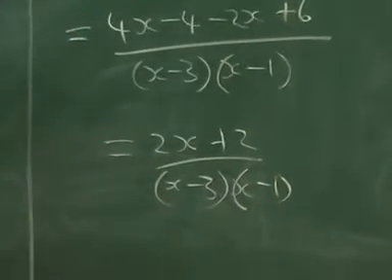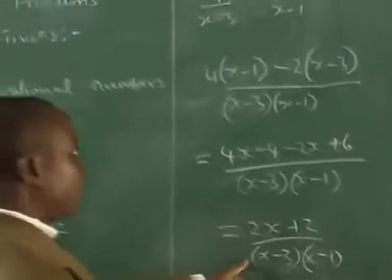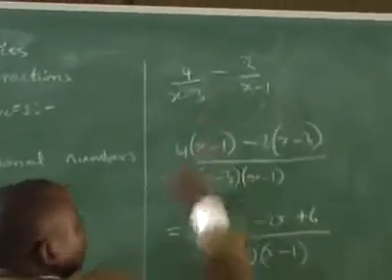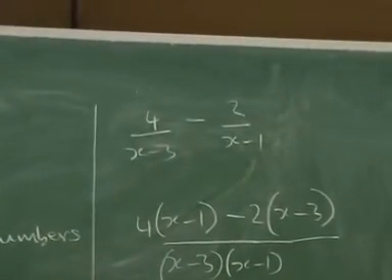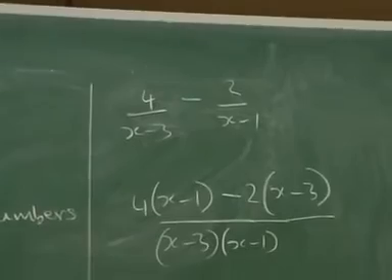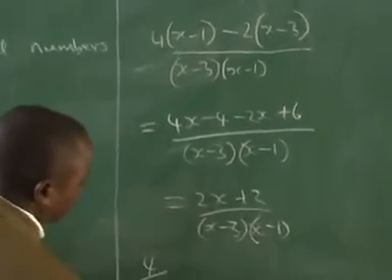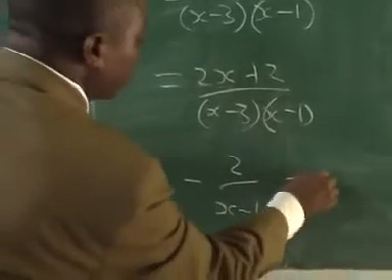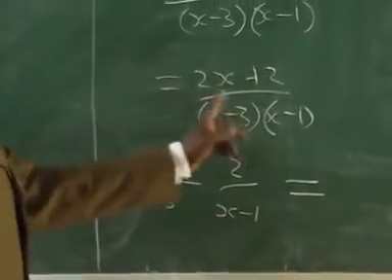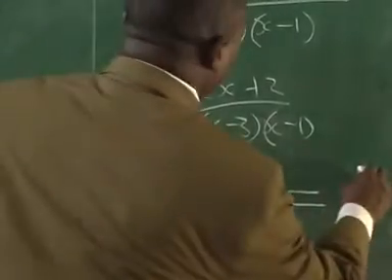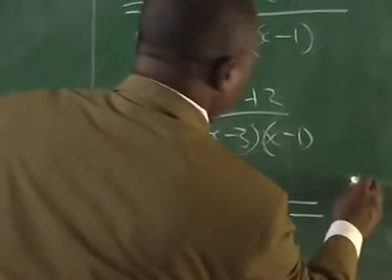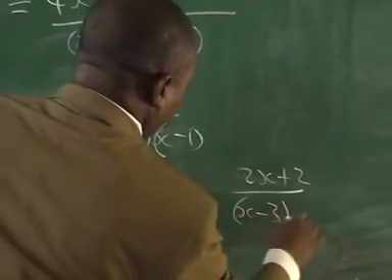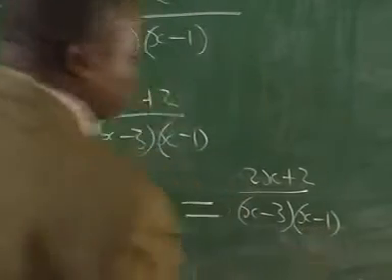So in this way, we see that these rational fractions, which is 4 all over x minus 3 minus 2 all over x minus 1, is equal to this single rational algebraic function 2x plus 2 all over x minus 3 x minus 1.